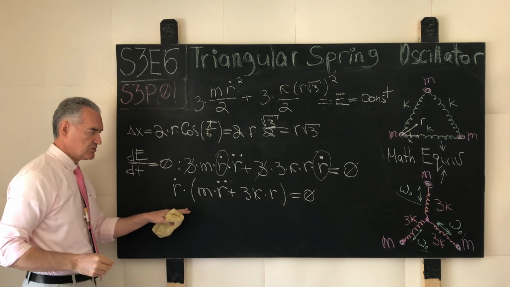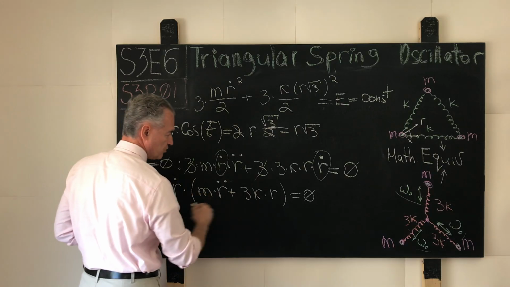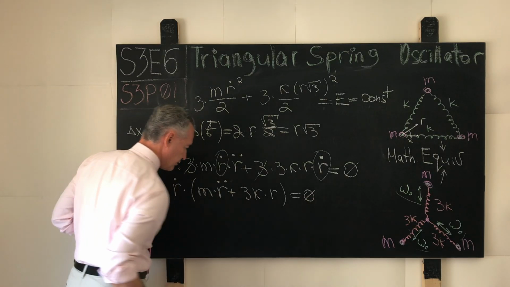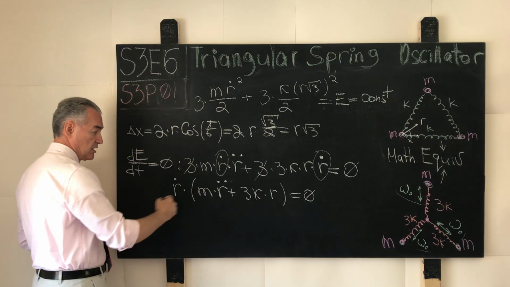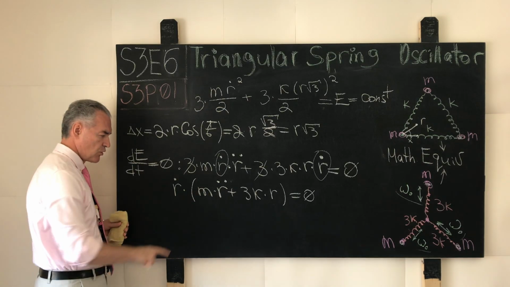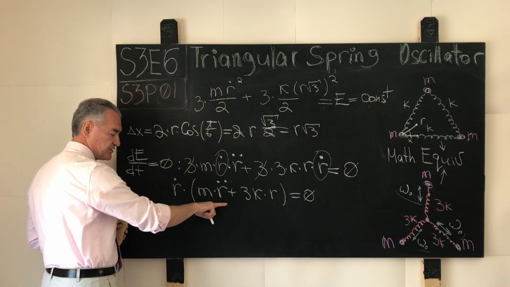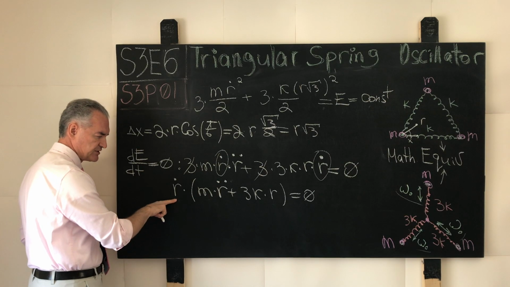And now this is back to middle school algebra. We have a product of 2 real numbers. It is 0. So what are the possibilities? Both factors could be 0, or one factor is 0 and the other one is not.